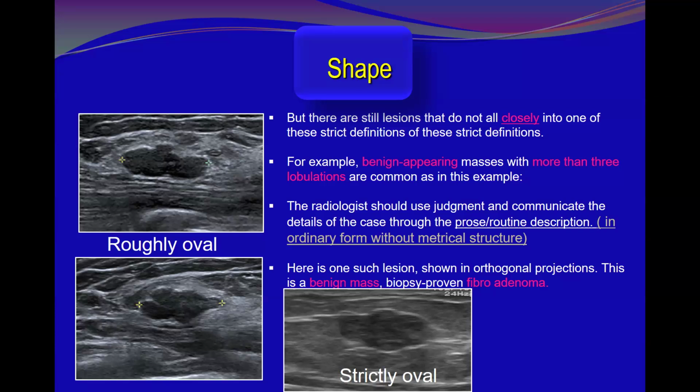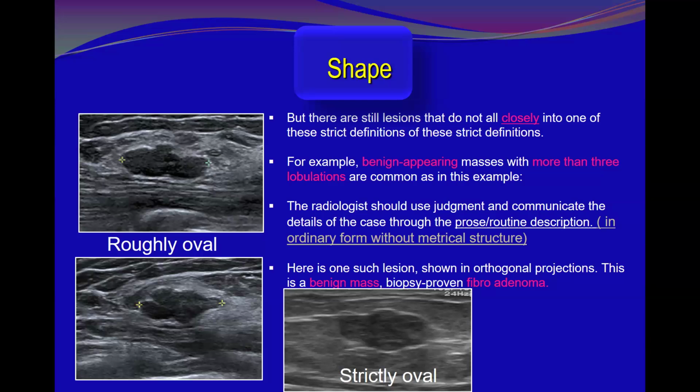Why? Because it's not strictly under the definition of oval, because they mentioned that to consider it oval, it is allowed to have 2 to 3 large undulations. But here I have more than that.